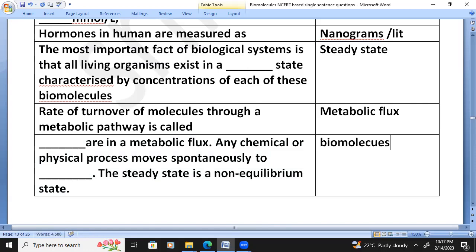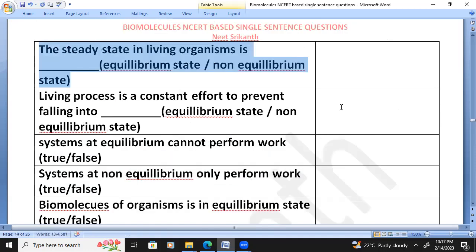Biomolecules are in a metabolic flux. Any chemical or physical process moves spontaneously to equilibrium. The steady state in living organisms is a non-equilibrium state.